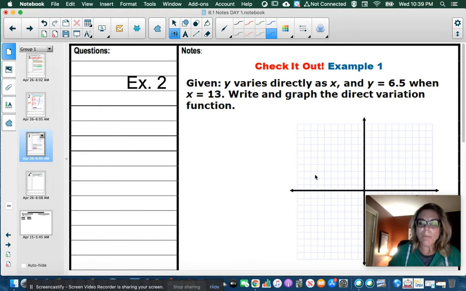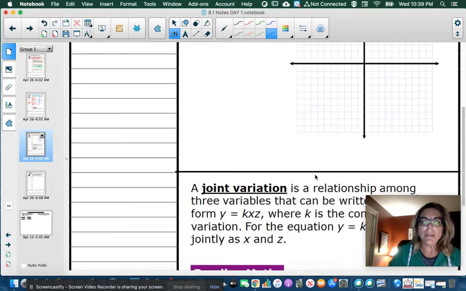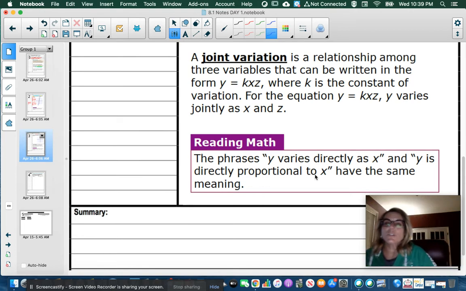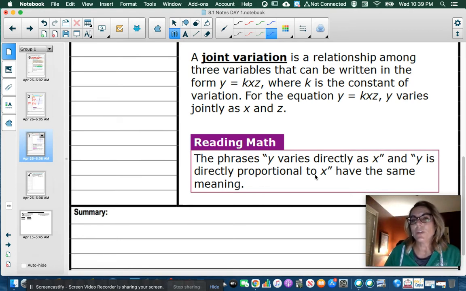Example 2, I'm going to save, and we're going to do that in class together. And now we're going to go to joint variation. That is a relationship among 3 variables that can be written in the form y equals kxz. So instead of y equals k times x, the direct variation, it's a joint variation. There's more variables involved, where k is the constant of variation.